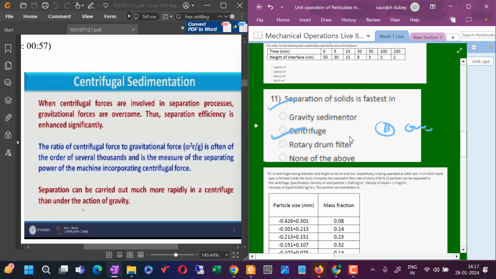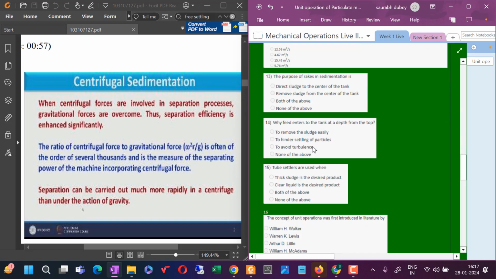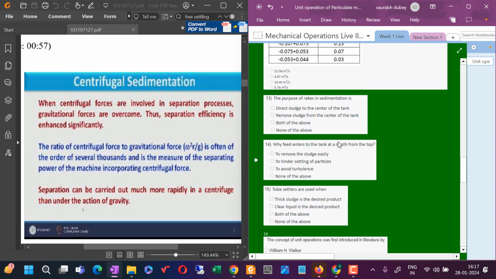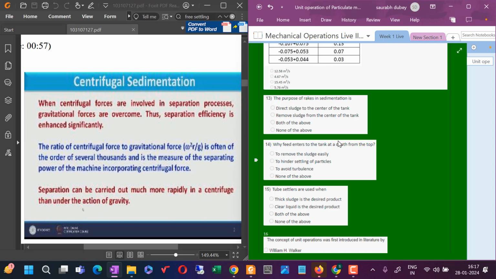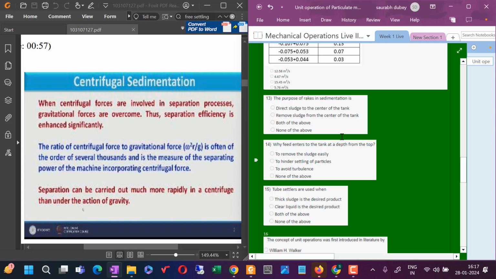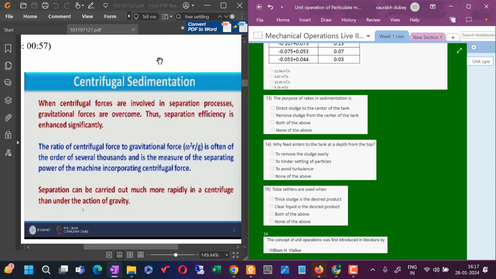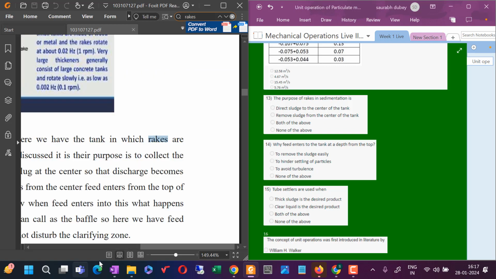And then question number 13: the purpose of the rakes in the sedimentation is. So why are the rakes used in sedimentation? Anybody? The rakes direct the sludge to the center of the tank.